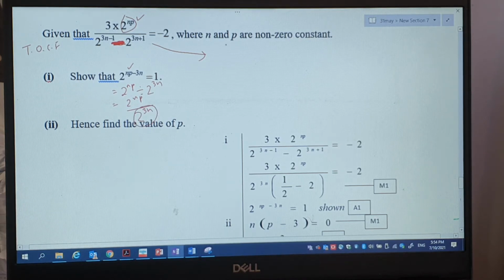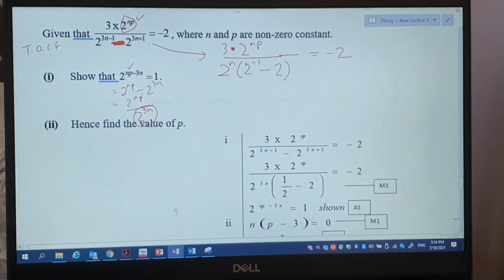Can you see that? So 3, I put a times as a dot. This one I don't touch it. This 3 I also don't touch it. This fella, I take out 2 to the power of n. If I take out 2 to the power of n, what is left behind? 2 to the power of minus 1 minus 2. That's what I get, right? Then okay, this one they tell you is minus 2.